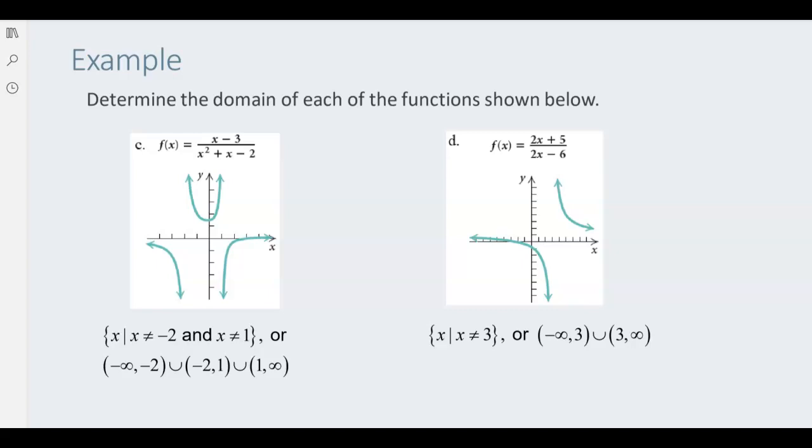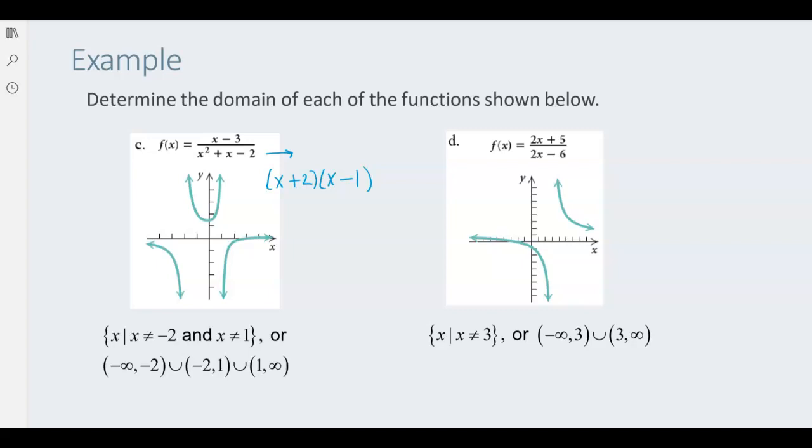Looking down below, we can see that the numbers -2 and 1 have been removed from the domain in this first function. And that shouldn't be surprising because if we look at the denominator, it factors into x plus 2, x minus 1. And so the -2 and the 1 have been removed because those are points that will cause the denominator to be 0.